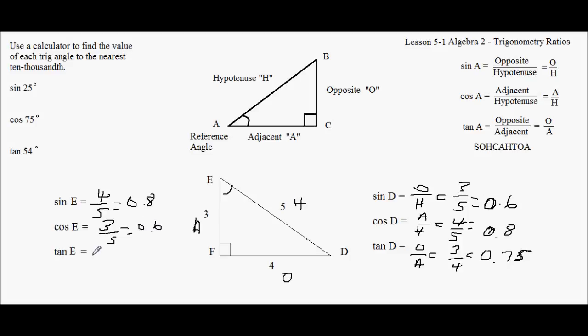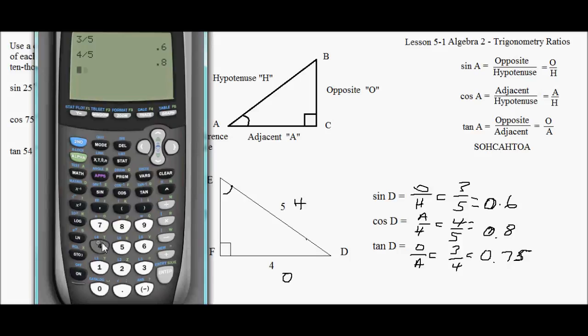And then the tangent changes. It's 4 over 3, opposite over adjacent. Bringing in the calculator, 4 divided by 3 is 1.33333.